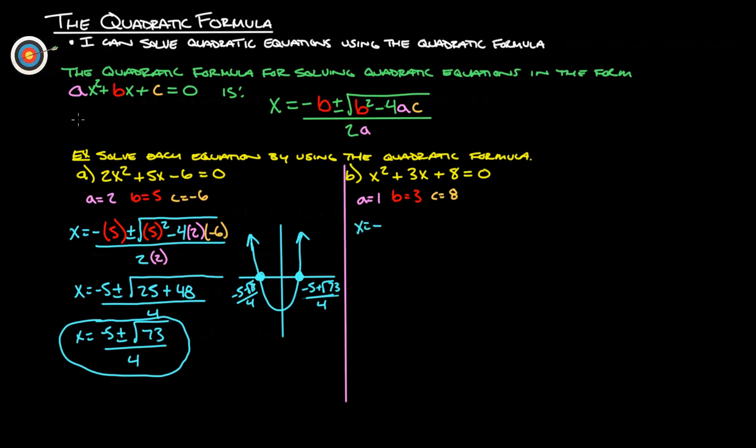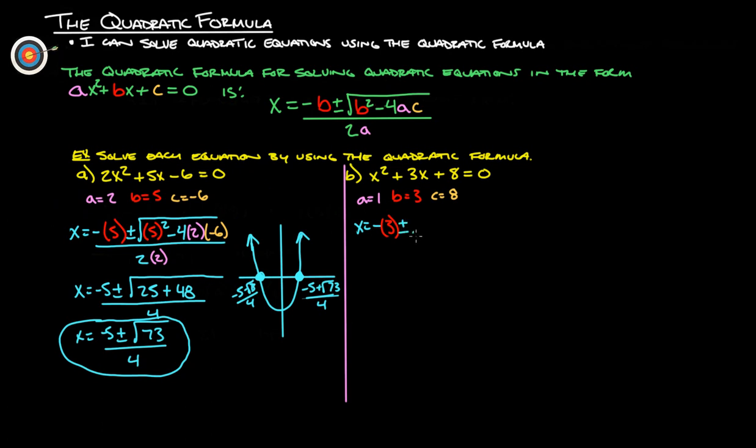x equals negative B, which we know is 3. And then we have, oops, I was supposed to put that in parentheses so you knew what was getting plugged in. Sorry. Okay, we're getting there.